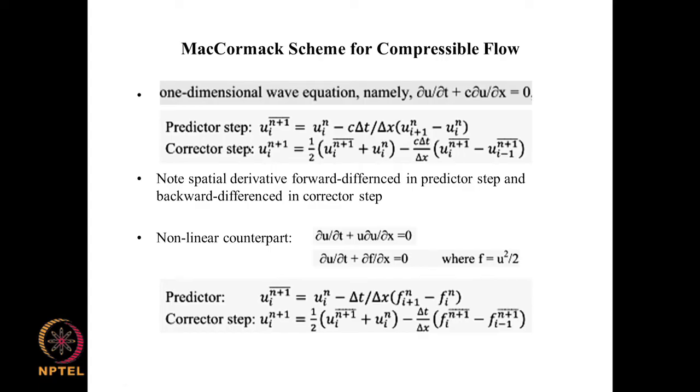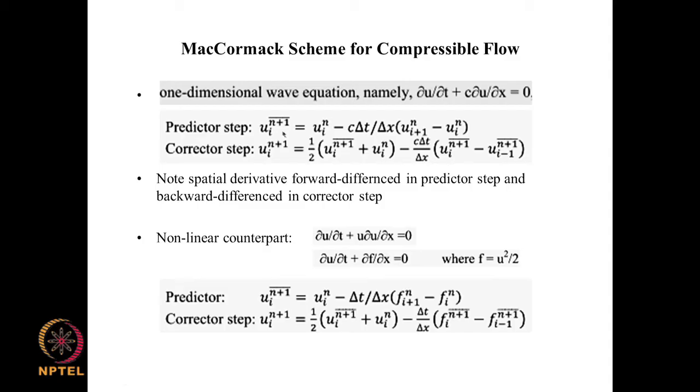So, the predictor step and corrector step formulation allows us to put an overall second order central scheme, but despite using forward differencing here, because of the correction that is introduced, we have an overall scheme which is conditionally stable. What we would like to note is that the spatial derivative is forward differenced, i plus 1 minus i, in the predictor step and backward differenced in the corrector step, and we would need to note and put that accordingly.